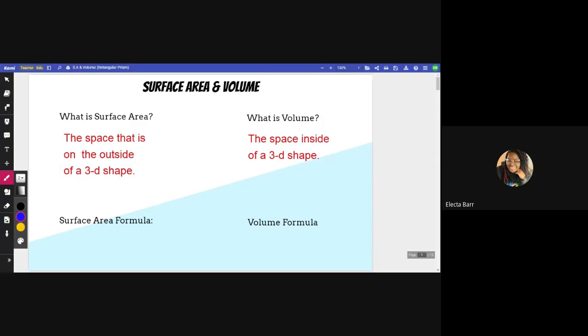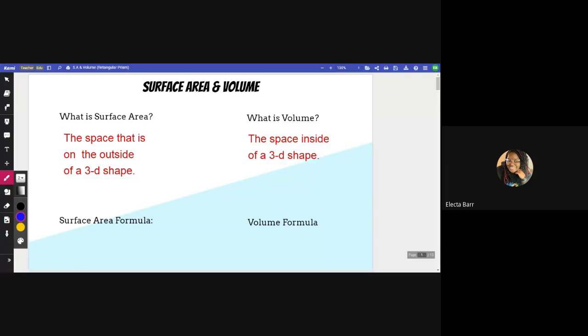Let's refresh our memory just a little bit. Do you all remember the formula for volume of a prism? Remember, when we're talking about a rectangular prism, we have three different dimensions: how long it is, how high it is, and how wide it is.